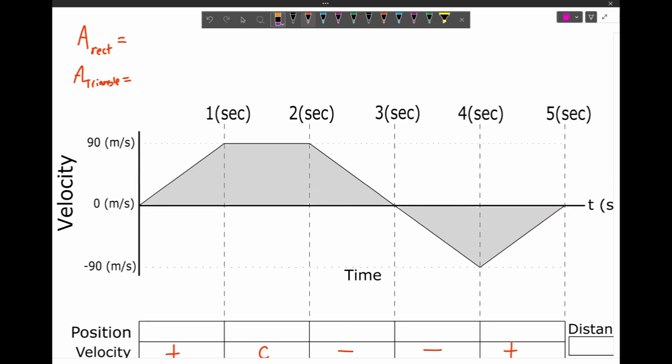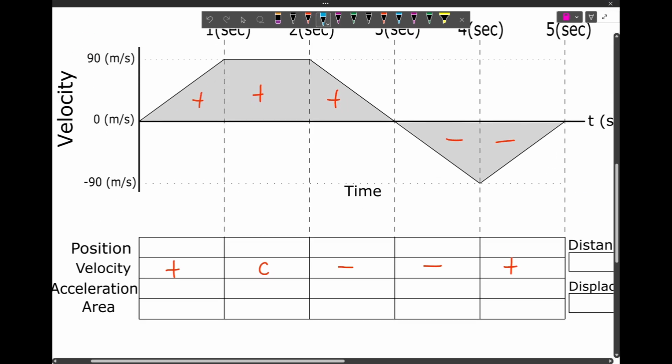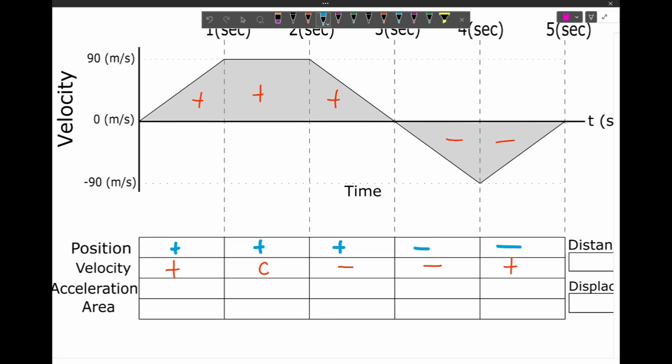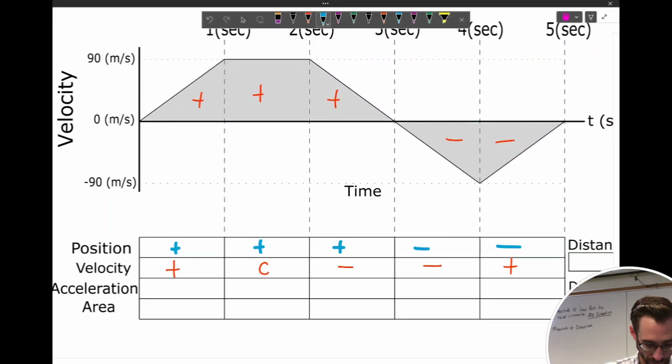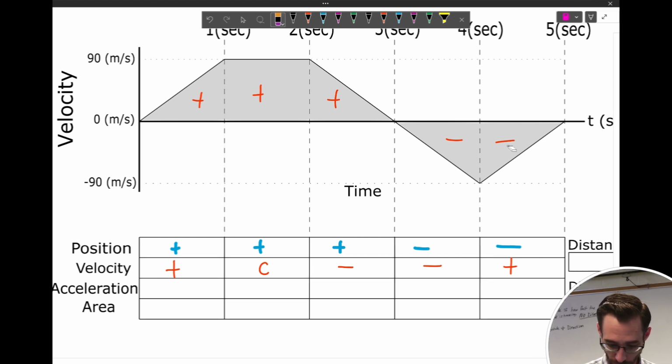I'll clean it up. Above, above, above, below, below. Cool? All right. Okay. Falling off the edge. All right. Any questions about that?